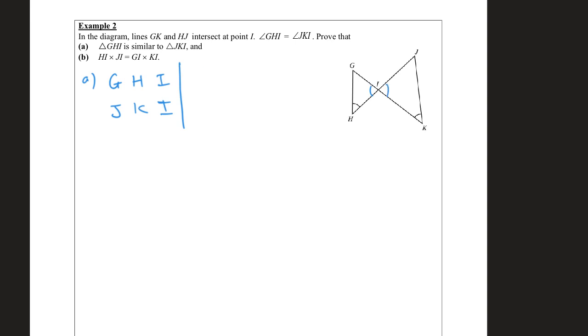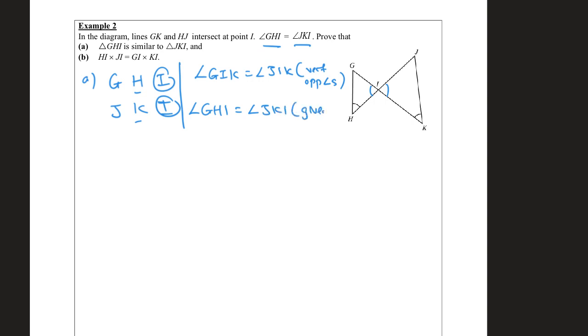Oh, I know. Angle GIH is equal to angle JIK. Reason: vertically opposite angles. And this one is done. Let's look at the next one, H and K. Oh, it's given here. So angle GHI equal to angle JKI, and this is given.